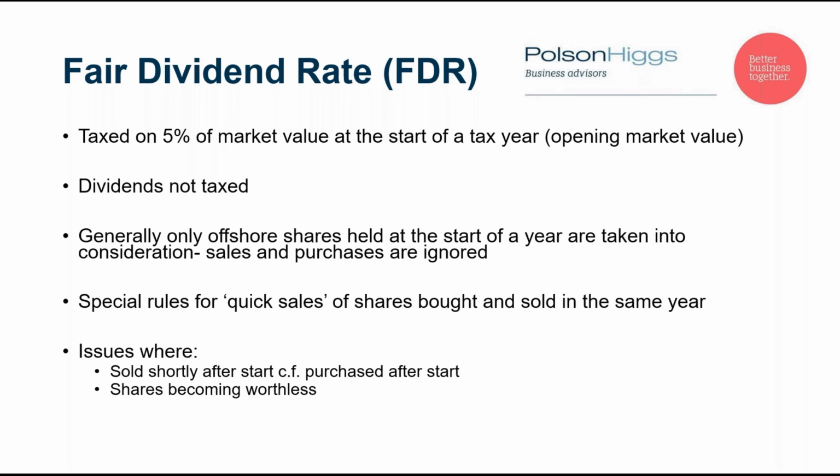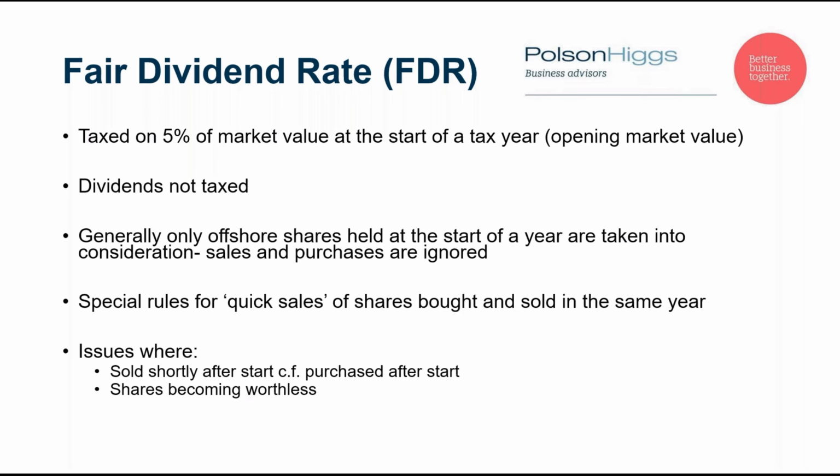Compare that to the other way. What about where I held shares at the start of the year? Let's say at the start of the year, I had $10,000 worth of shares, and then I sold those shares on 3rd of April. What happens here? Well, in fact, I end up paying tax on that, $500. $10,000 starting opening value, times 5%, $500, that's what goes in my tax return, even though I only held those shares for 3 days.